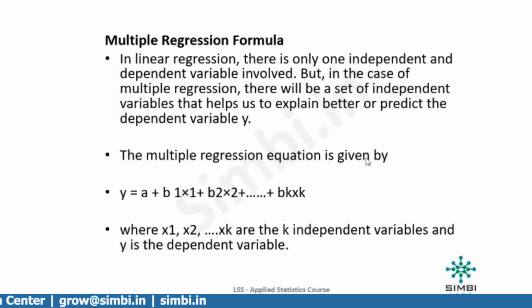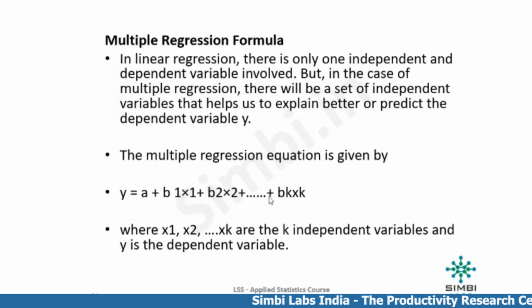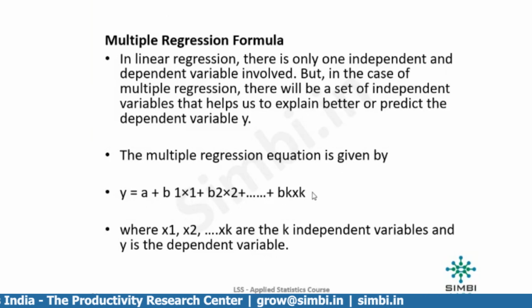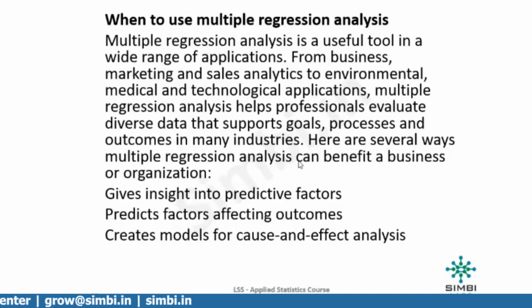The equation is as follows: y equals a plus b1 times the independent variable x1, plus b2 times the other independent variable x2, plus b3 and so on, up to bk times xk. According to how many independent variables there are, we need to calculate. So this is the multiple regression equation formula.